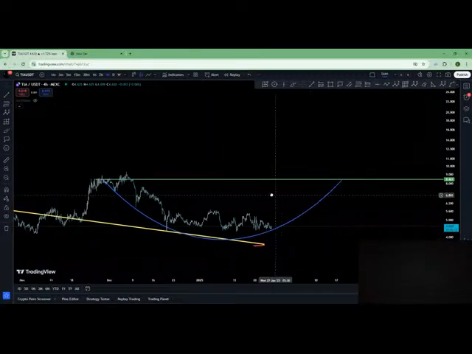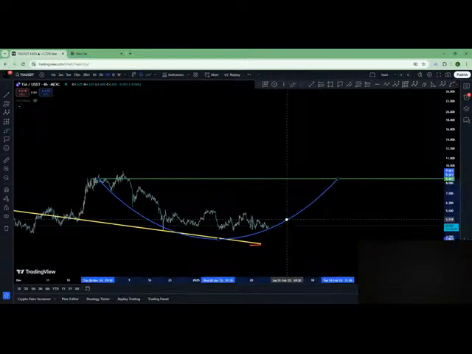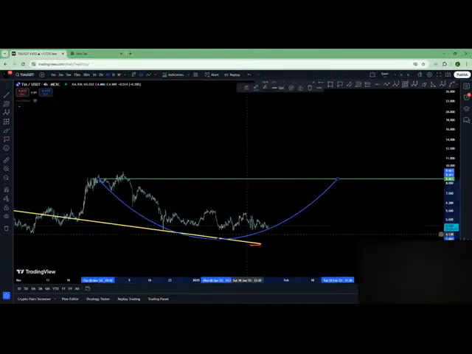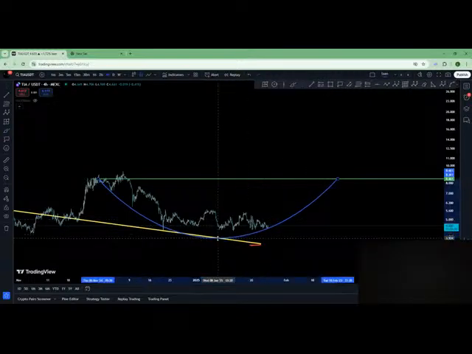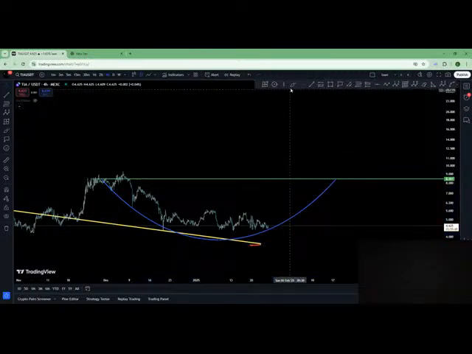You can see now the market should retest. Let's draw a bow like this. The market should come, or it could pump from here.